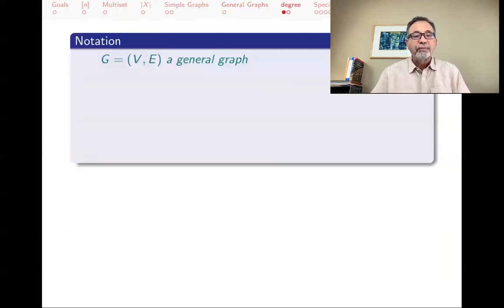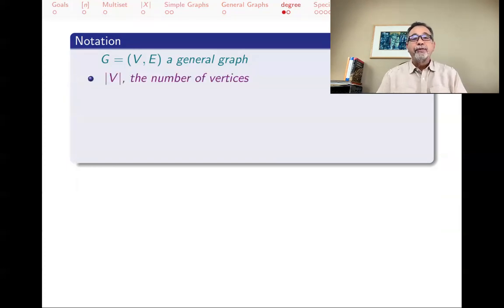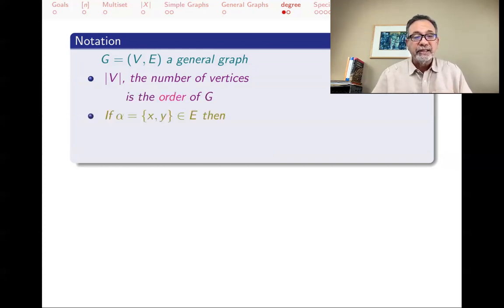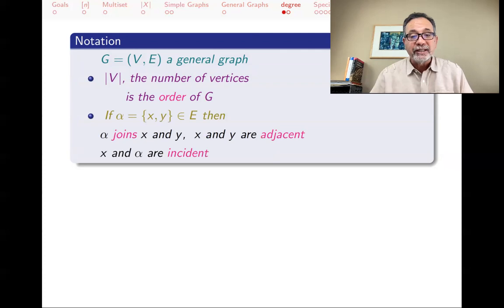Okay, so some basic ways of talking about this vocabulary. If you have a general graph, where V is the set of vertices and E is the set of edges, and we're allowing both loops and repeated edges, the number of vertices, the size of V, is called the order of G. So the order of a graph is the number of vertices. If alpha, the pair XY, is an edge, then the way we talk about that is that we say alpha joins X and Y. We say X and Y are adjacent, or we say X and alpha, the vertex and the edge, are incident.